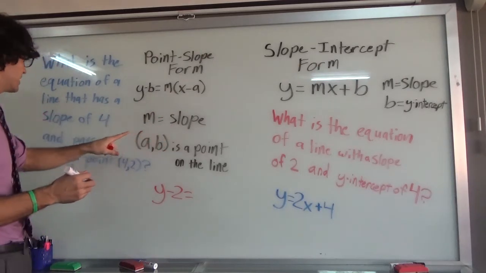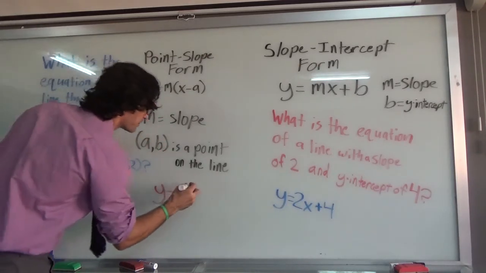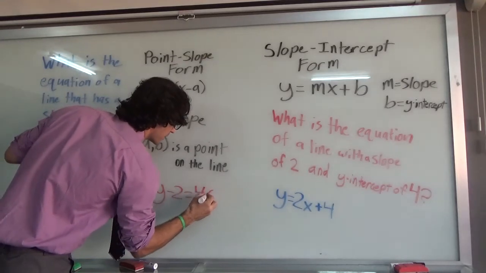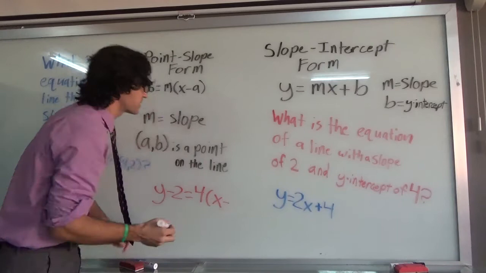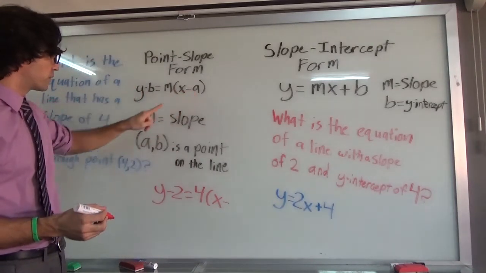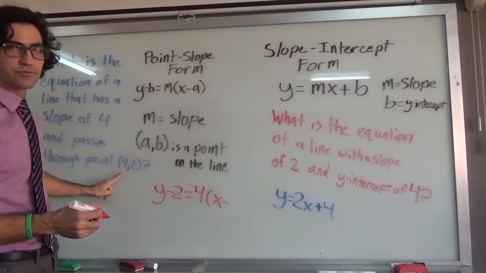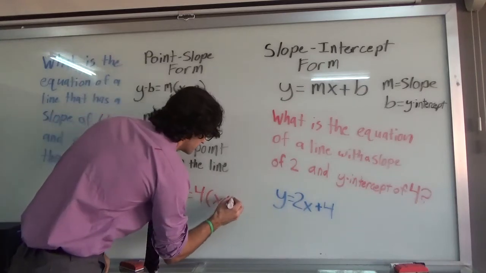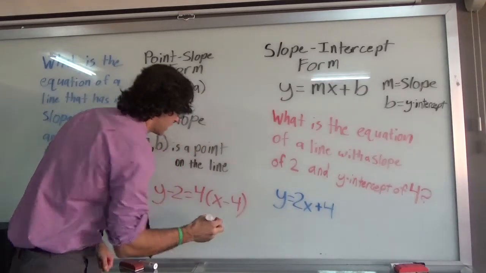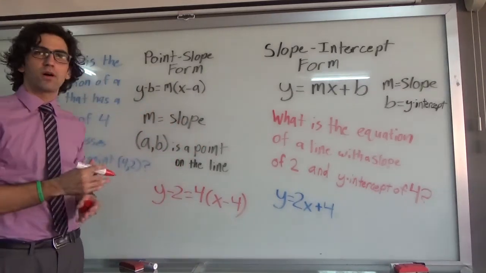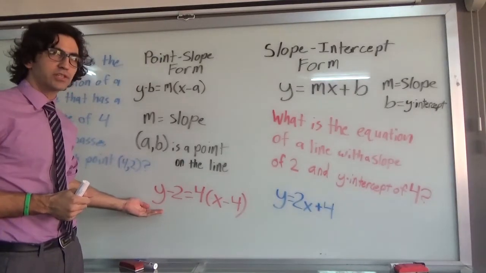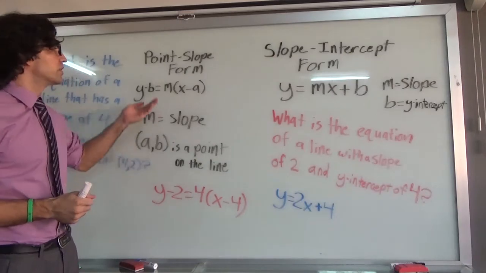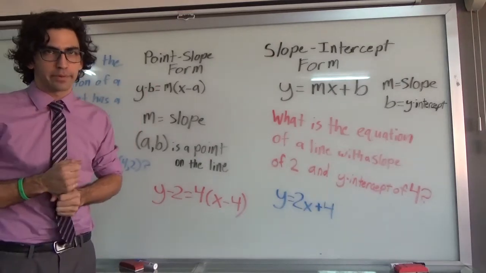Our slope is 4, parenthesis, x minus a. Well, let's look, what is a? A is 4. This is all we need to do. We have written the equation of this line using point-slope form.